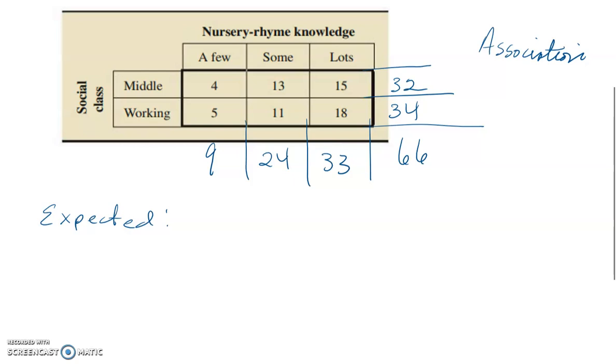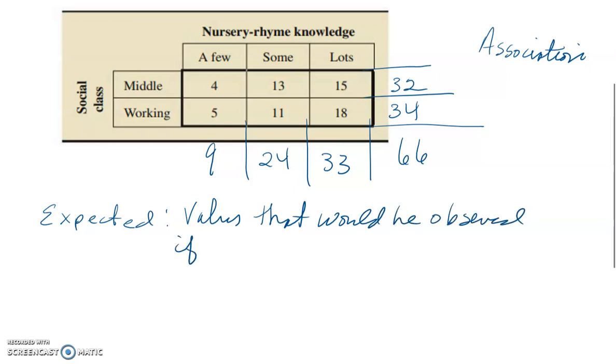But to come up with the chi-square test statistic, we have to find those expected values. These are the values that would be observed if no association existed.